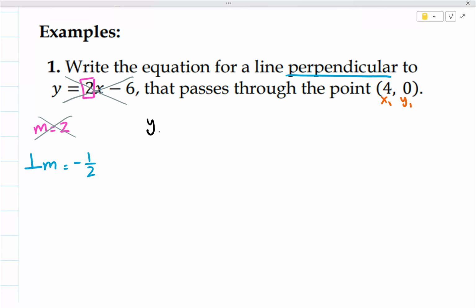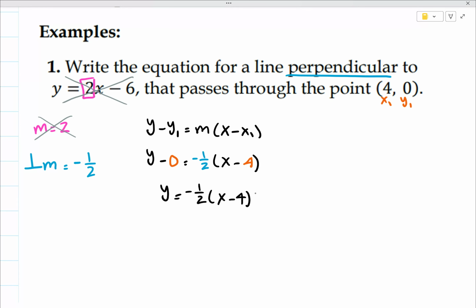So this is where if you plug this into your y minus y1 equals m times x minus x1, our point-slope form, I'm going to plug in y1, which is 0, our perpendicular slope, and then x minus 4. I'm going to simplify that 0 on our left side so we get y equals negative 1/2 x minus 4.